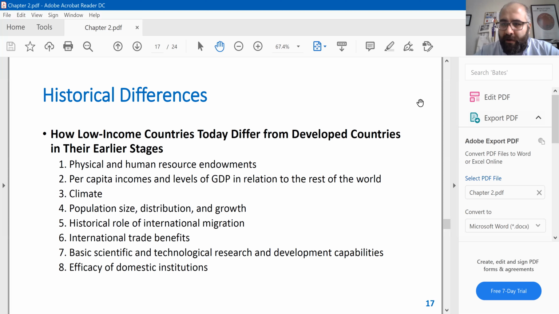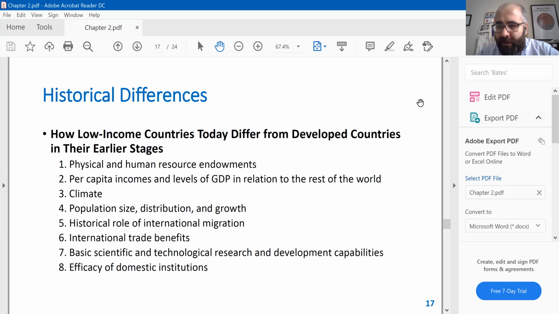International migration also differs. Today, as you know, there's a flow of people from low-income economies to high-income economies for different reasons. Some of this is forced migration, as we now experience after the civil war in Syria, for instance.